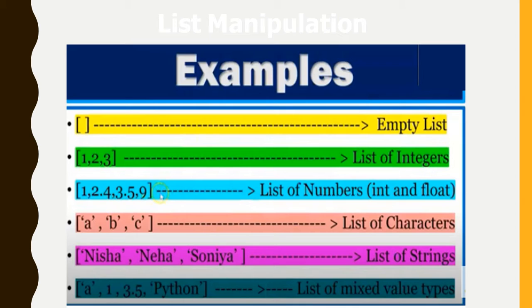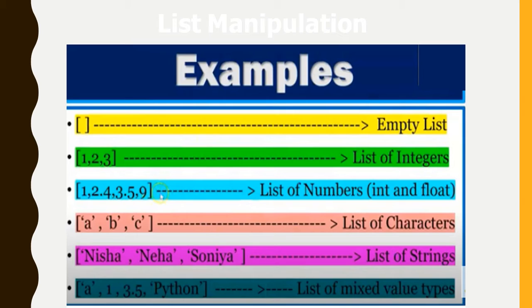Various types of lists you can see here. An empty list is represented by empty square brackets. Then a list of integers: 1, 2, 3 within the square brackets. A list of both integers as well as floats: 1, 2.4, 3.5, 9. A list of only characters: A, B, C, all given under quotes.